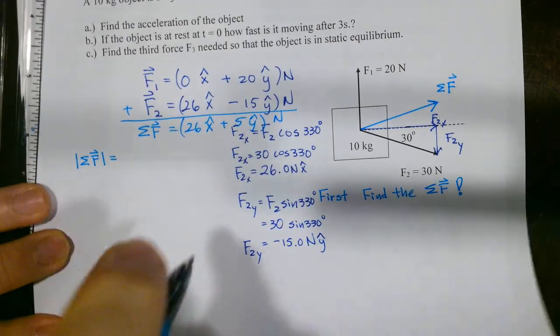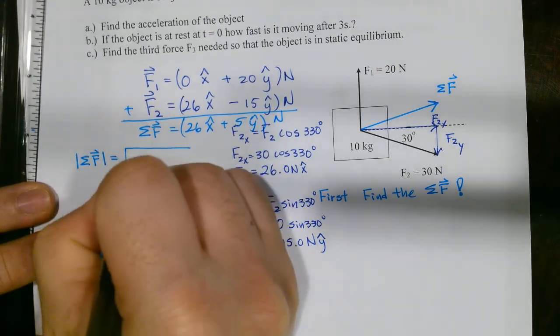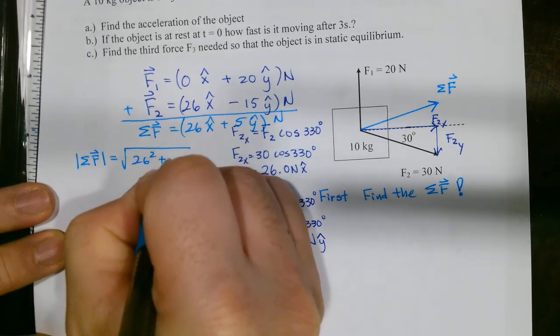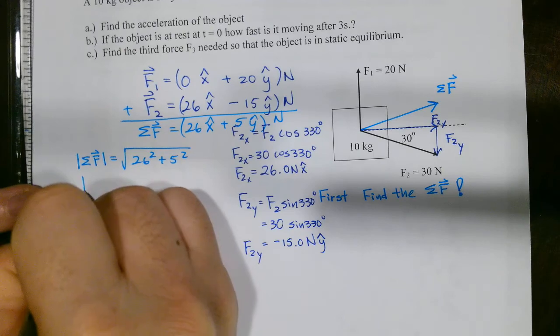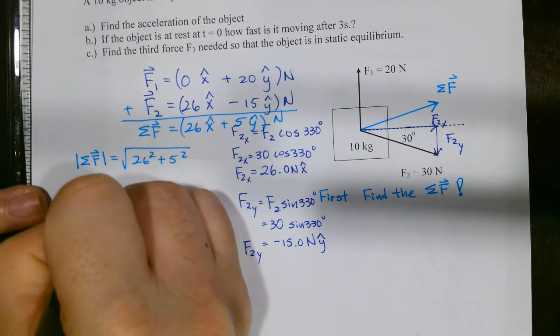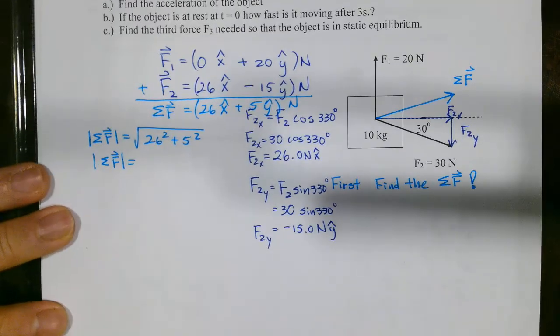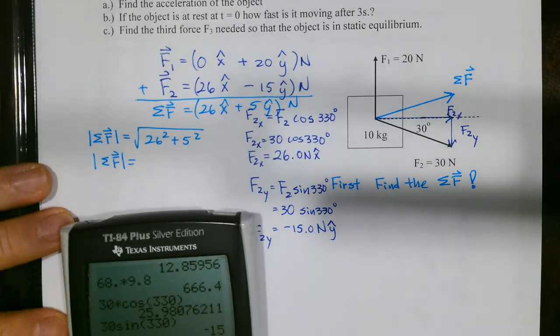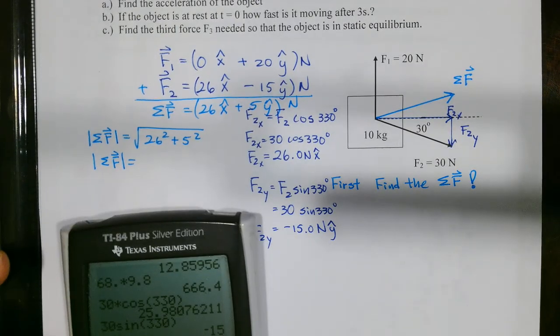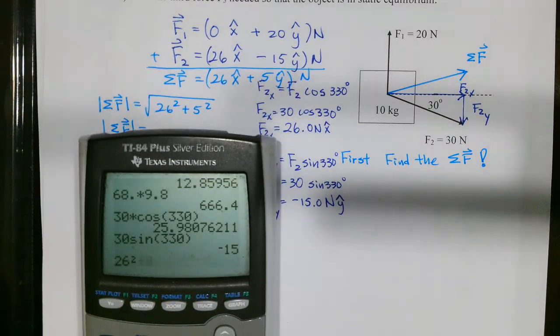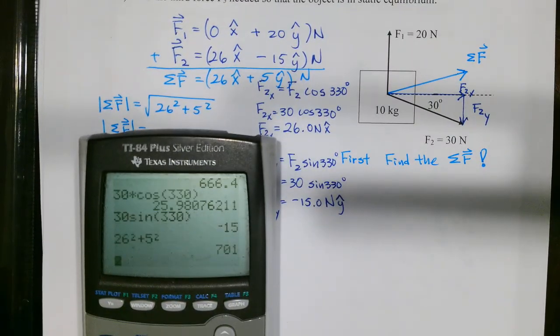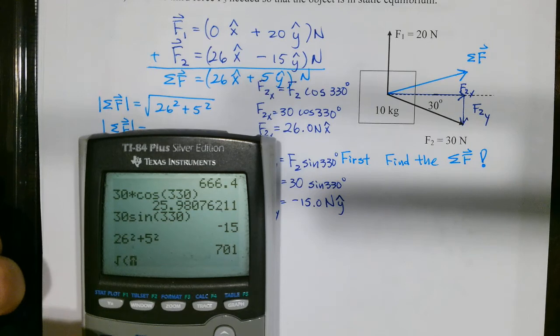So what is the magnitude of that net force? The magnitude of net force is square root of 26 squared plus 5 squared. So 26 squared plus 5 squared, you have to square root that.